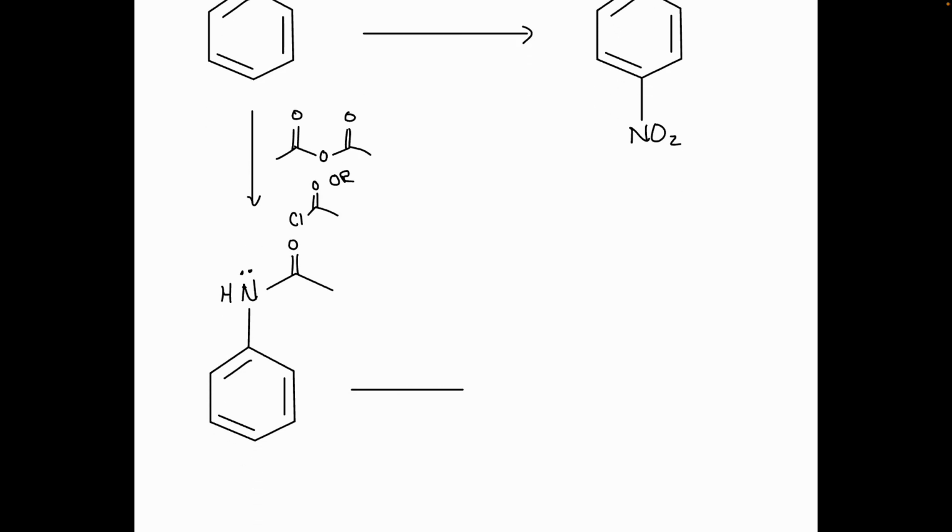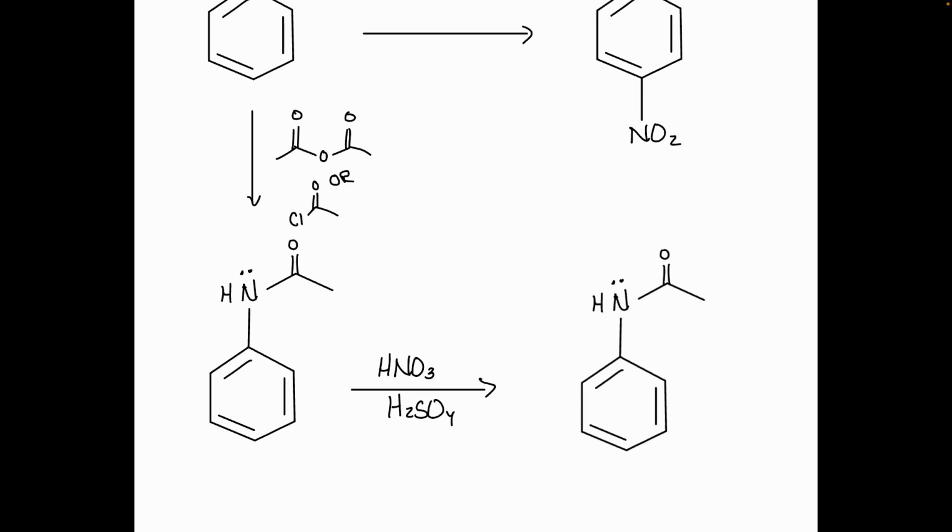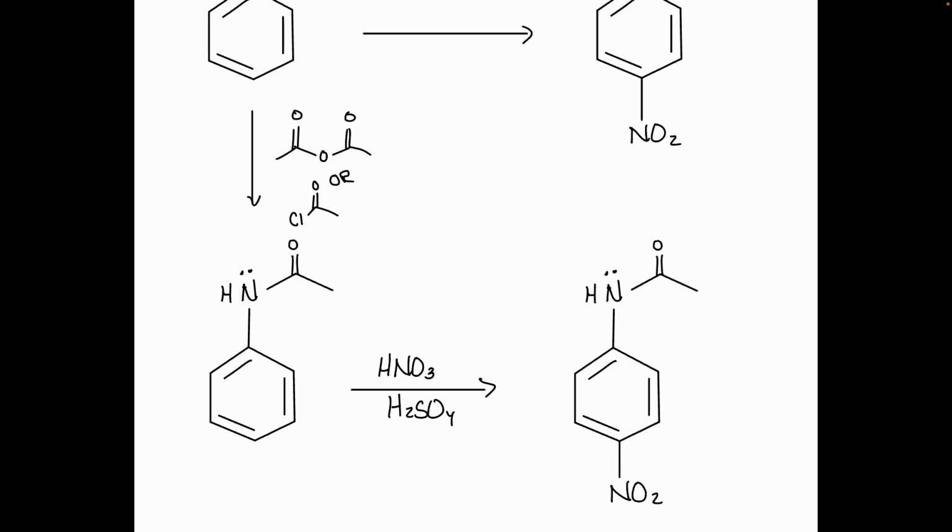Now, these amide groups are not strong activators. So if we do our nitration reaction, we'll get just that para product. And then we can remove that amide group, remove that carbonyl group, by treating that amide with a basic aqueous solution.